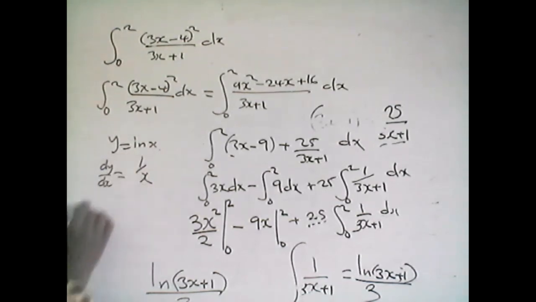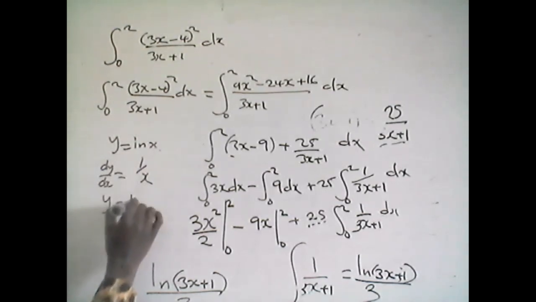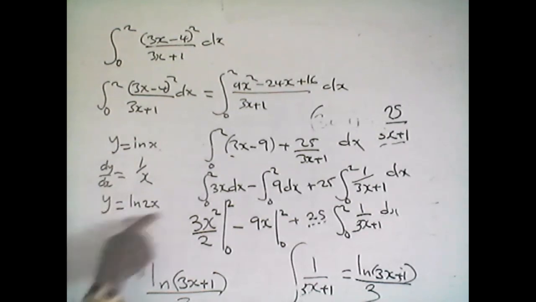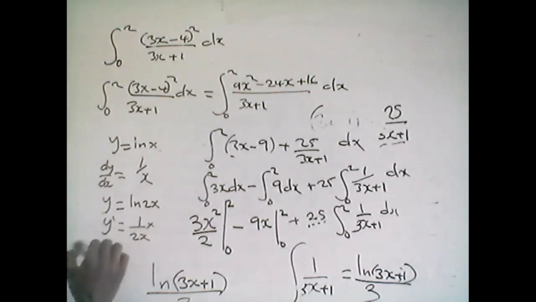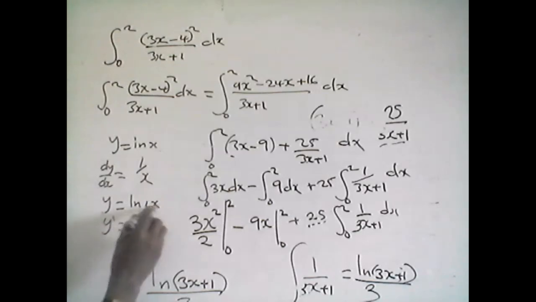Now what if I told you it was y is equals to ln of 2x? So y is equals to ln of 2x. It is y prime is equals to 1 over 2x multiplied by the differential of 2x. So it will give us what? It will give us 2.